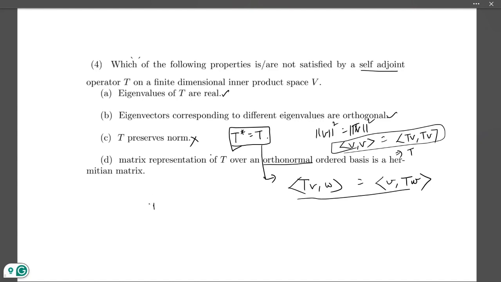So basically, the obvious relations between T and T star in the matrix representation hold good.